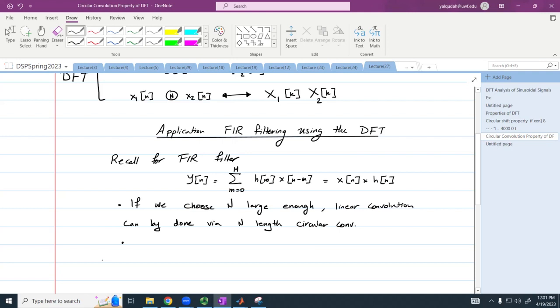We also saw that circular convolution can be done via discrete Fourier transform.